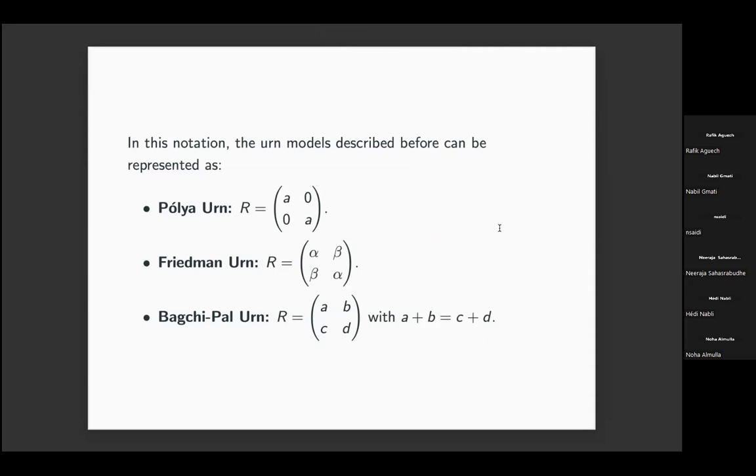And if you are drawing black, you are adding 0 white and A many black. The Friedman urn becomes alpha, beta, beta, alpha, because if I'm drawing white, then I'm adding alpha many white and beta many black. And if I'm drawing black, then I'm adding beta many white and alpha many black. And in the case of the Bagchi-Pal urn, it is just A, B, C, D with A plus B equals C plus D. So this is what I meant by the urn being balanced.